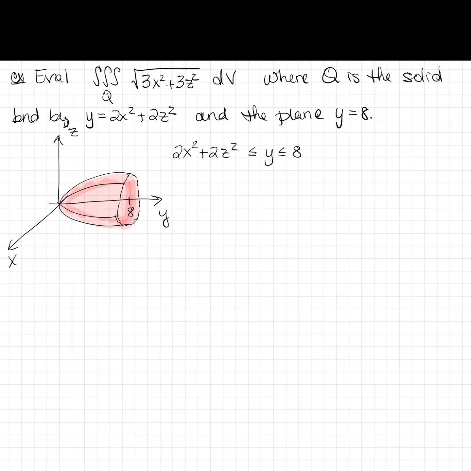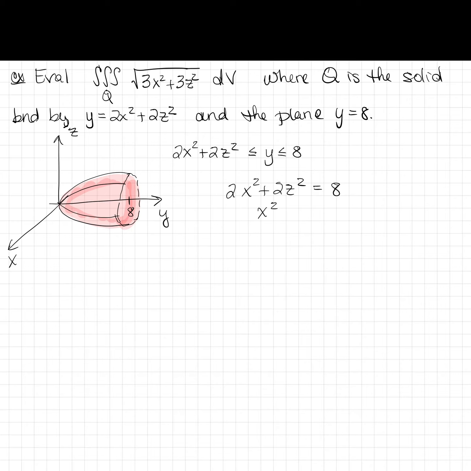All right, now for the other two integrals, I want to think about taking this surface here and projecting it down onto the xz plane. Now when I do that, you can see that this circle here is what's going to get projected down. This is what I get when I set these two equations equal. So, start with 2x squared plus 2z squared equals 8.